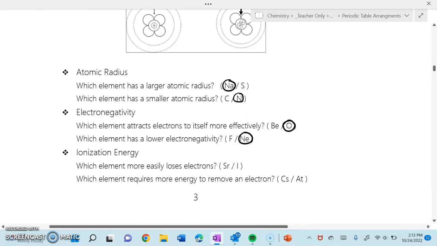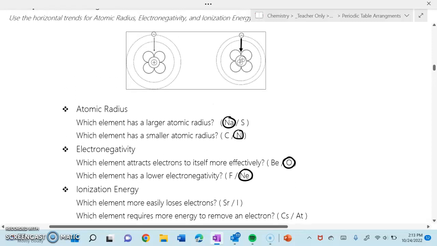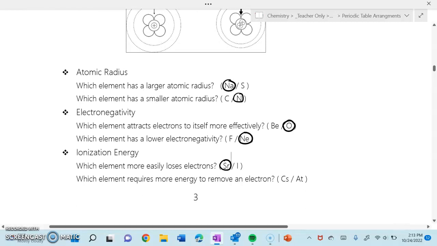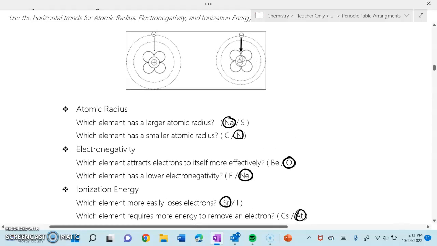And lastly, which element more easily loses electrons horizontally, strontium or iodine? That would be strontium. Weaker magnetic nucleus makes it easier to remove. And which element requires more energy to remove an electron or higher ionization energy? Cesium or astatine. Stronger nucleus, astatine would be a higher ionization energy.